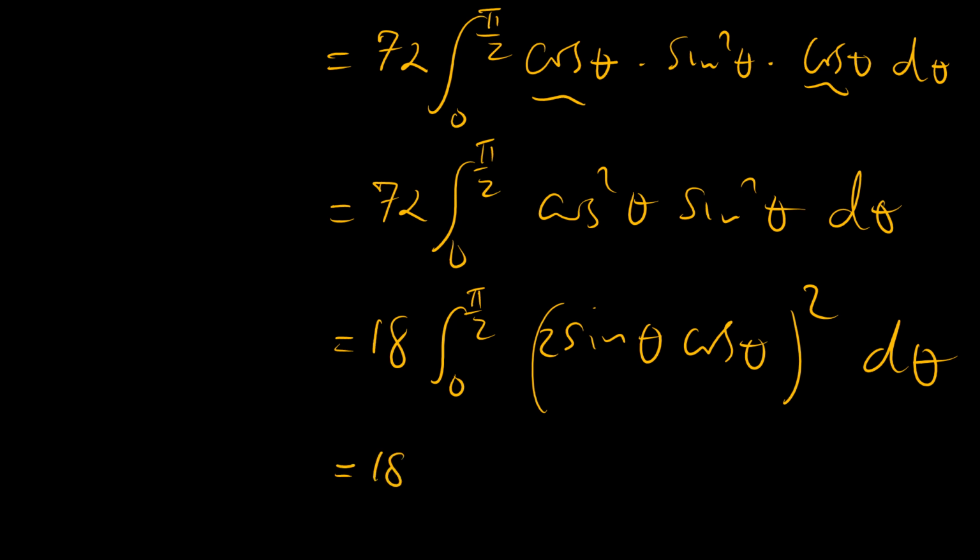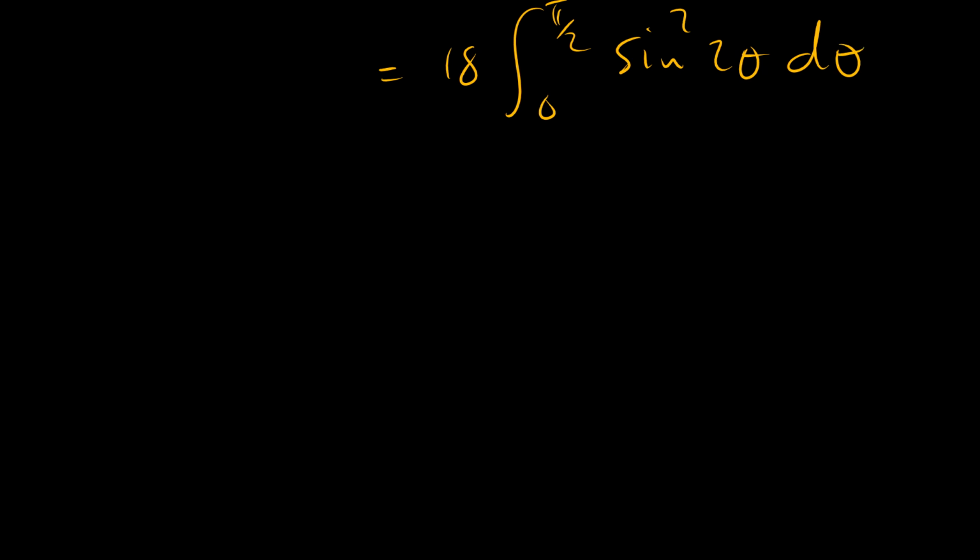So this becomes 18, integral from 0 to pi over 2. 2 sine theta cos theta is sine 2 theta. Okay, so this becomes 18 times the integral from 0 to pi over 2 of sine squared 2 theta d theta.